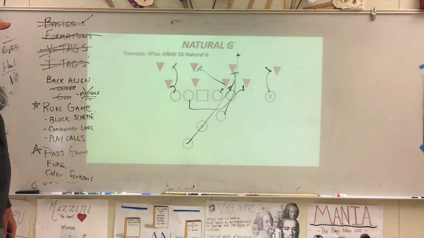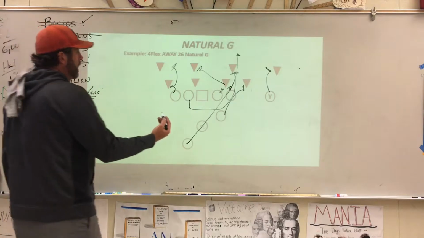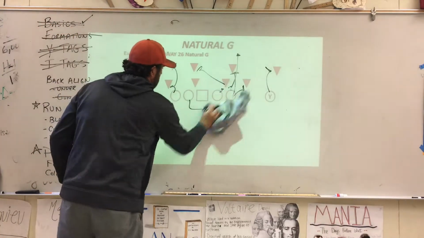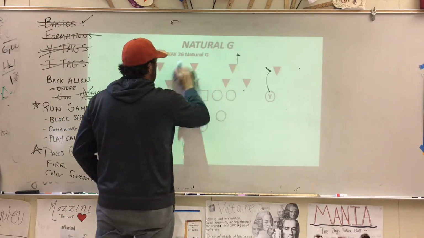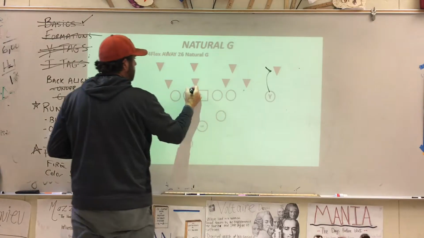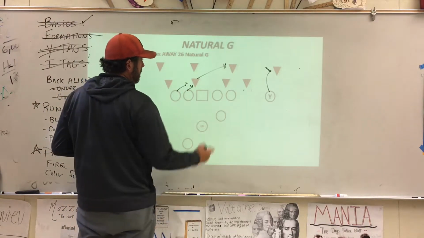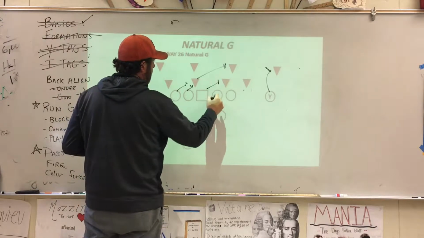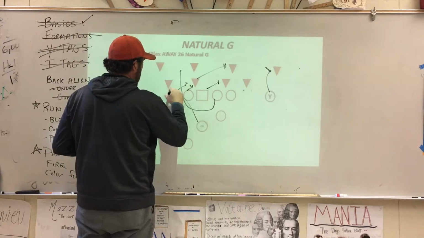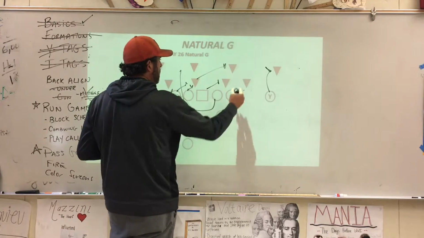All right, 4 flex away, 26 natural. We can run it weak side. If we were to run it weak side, let's say we are in some certain formation, then we run it weak side. Double down, first backer on the other side of the center. He's wrapping, he's kicking, and off the quarterback, you know what I mean?